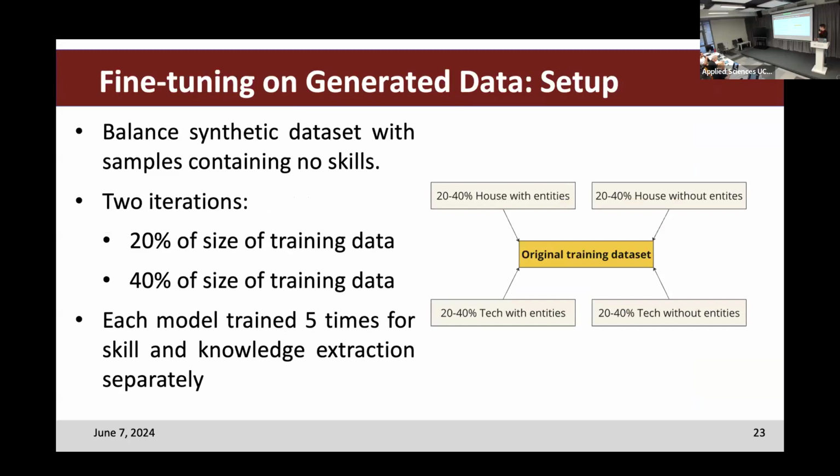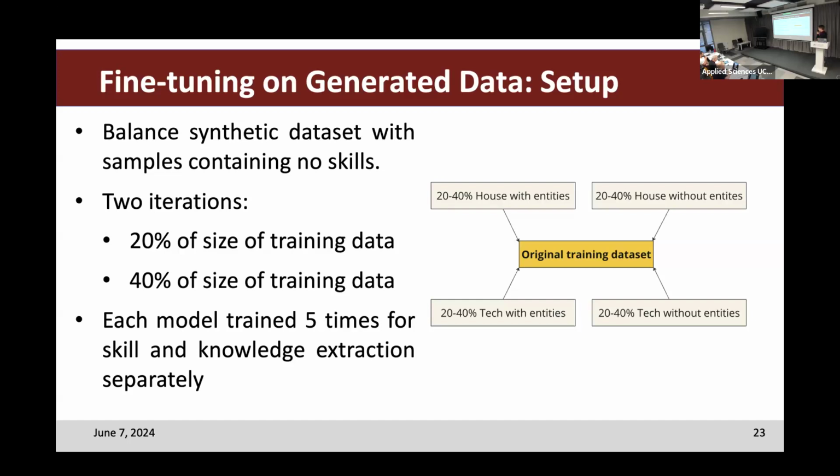So once we had the generated data sets, we decided to go with the fine-tuning. We ran 2 iterations of the fine-tuning, with the synthetic data taking 20% of the size of the original training data, and 40%. We had to balance the synthetic data set with samples containing no skills.